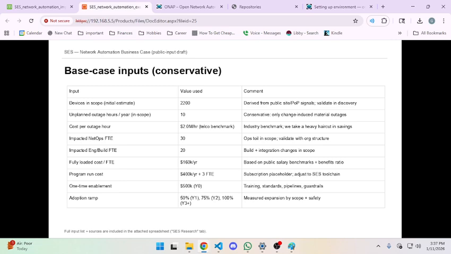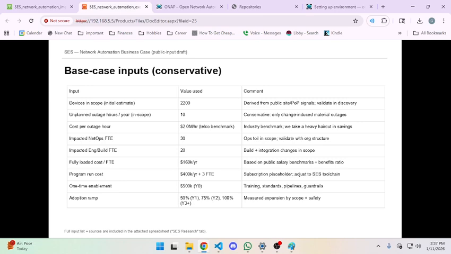So only change induced material outages. Then the cost per hour of the outage, I estimated at $2 million per hour, and this is the benchmark for telcos. It's the industry benchmark. We take a heavy haircut in savings.